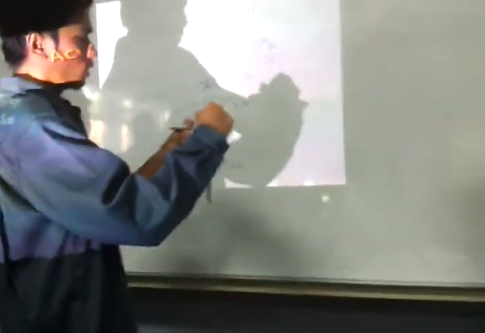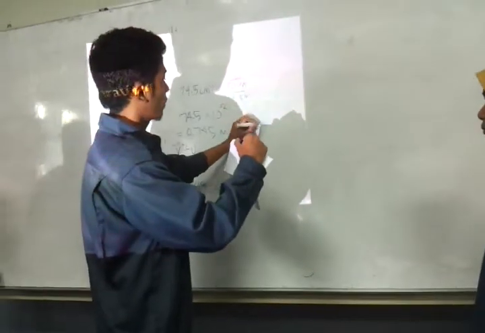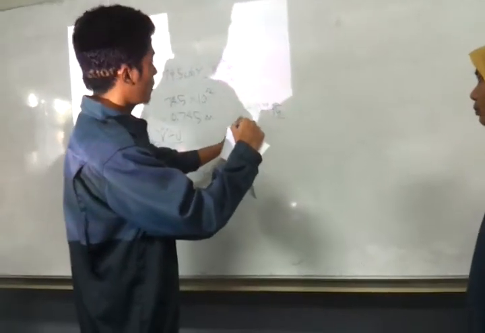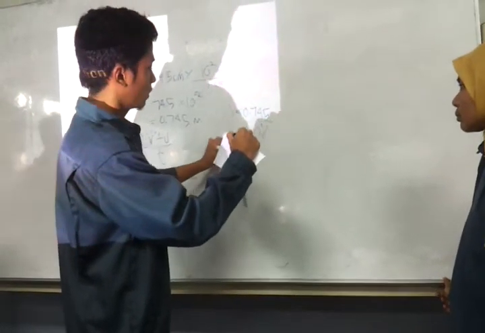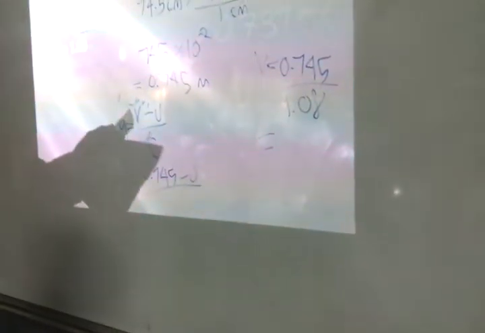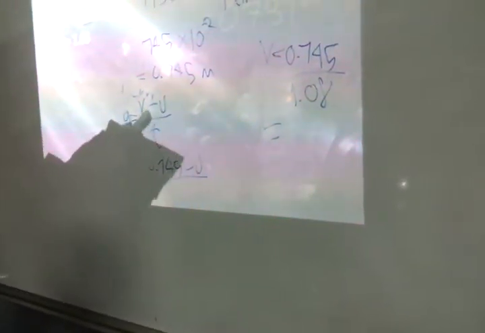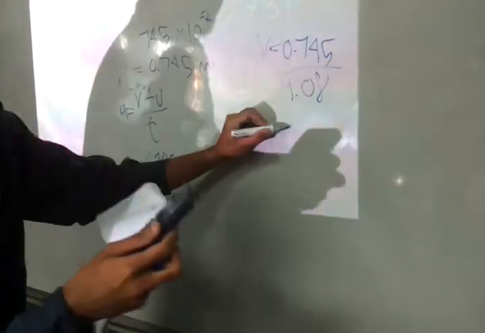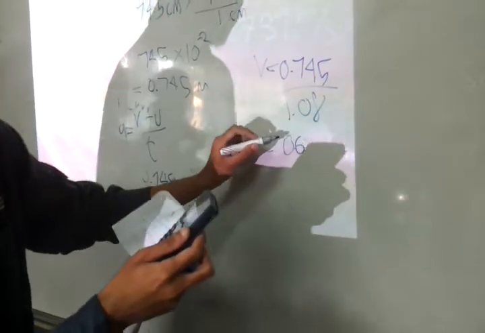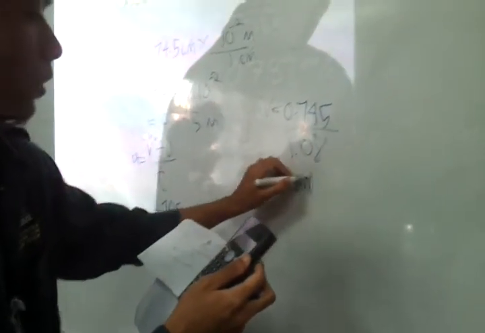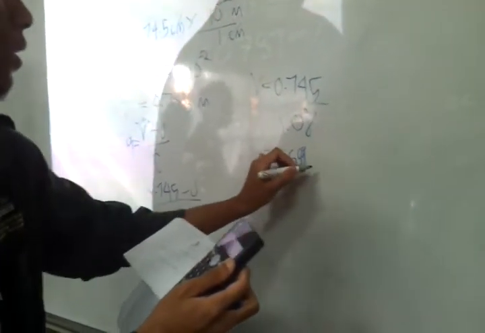The velocity will be 0.745 divided by the time, which is 0.69 meter per second.